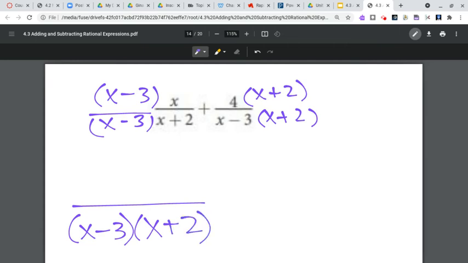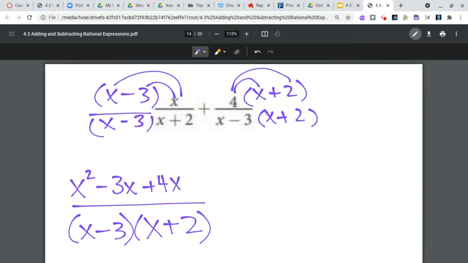At the top, I'm going to distribute the x here and here. I'm going to distribute the 4 here and here, which gives us x squared minus 3x plus 4x plus 8. Final answer, when we combine like terms, is x squared plus x plus 8.